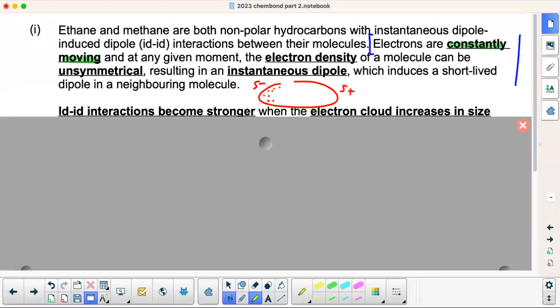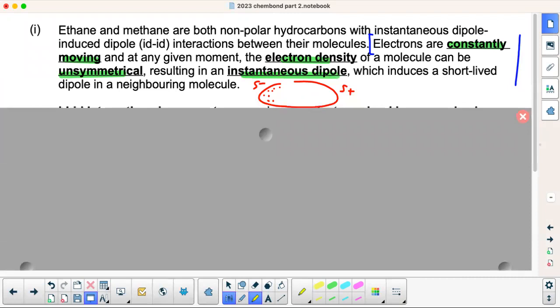It can go to one side, resulting in an instantaneous dipole, and this will induce a neighbouring molecule. This is the part students couldn't write, because they don't know how to describe how ID arises. It induces a short-lived dipole. That's your induced dipole.